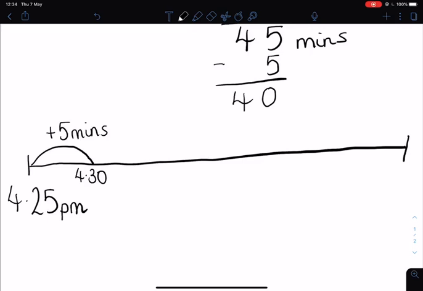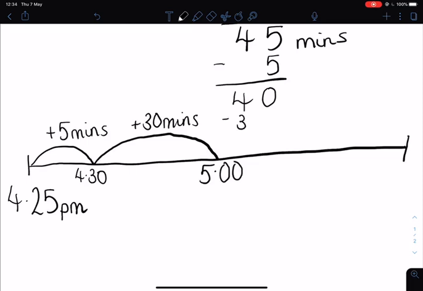So my next jump for me would probably be to jump 30 minutes from 4:30 to 5 o'clock. So my next jump is going to be bigger. I'm going to jump 30 minutes this time. And that takes me to 5 o'clock exactly. So again, we're going to take that away from our total so far.